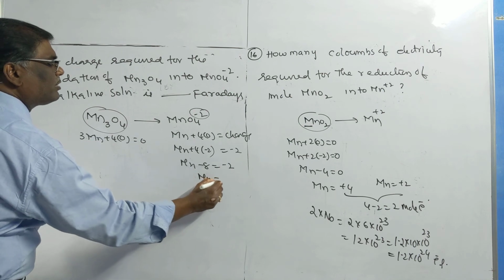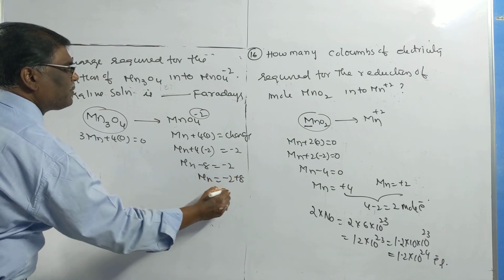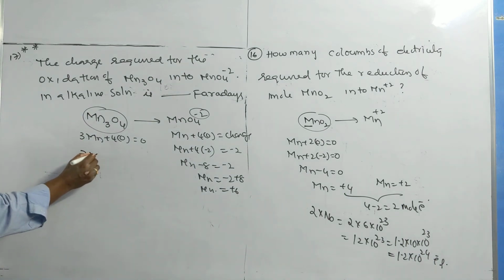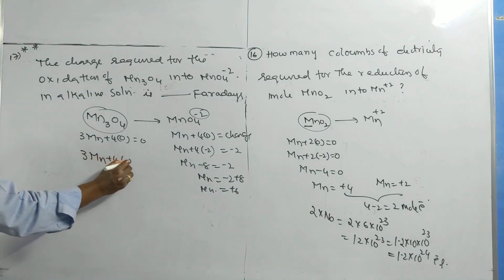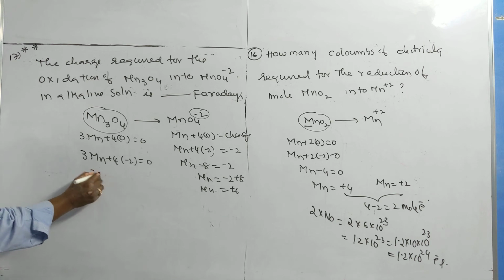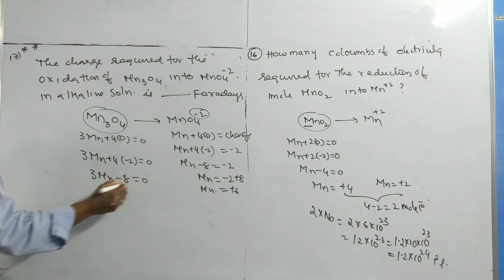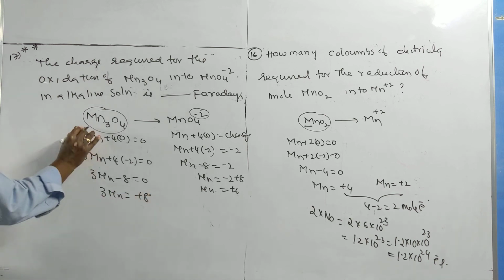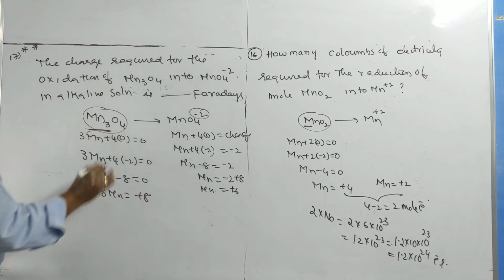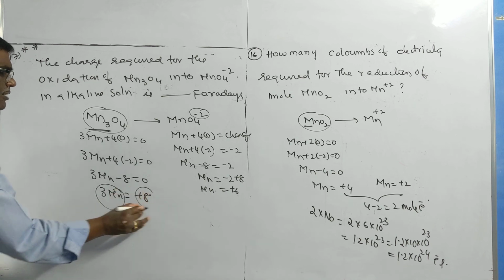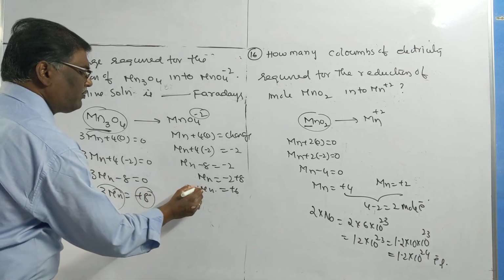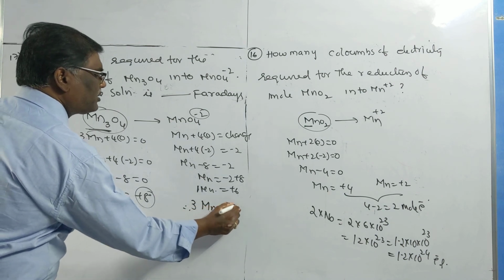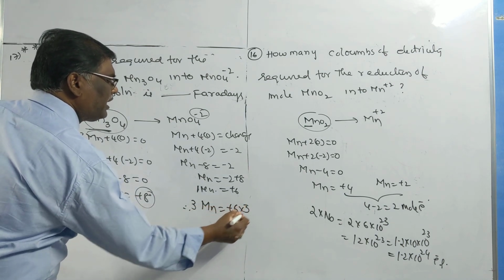So Mn equal to minus 2 plus 8, means plus 6 I am getting. Now in this case 3Mn plus 4 into minus 2 equal to 0. 3Mn minus 8 equal to 0. 3Mn equal to plus 8. Now we have to estimate for 3 manganese atoms. For 3 manganese atoms we have 8. But for 1 it is 6, therefore for 3 manganese the oxidation state is 6 into 3, means 18.